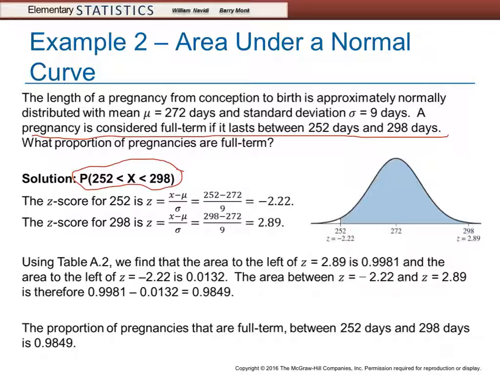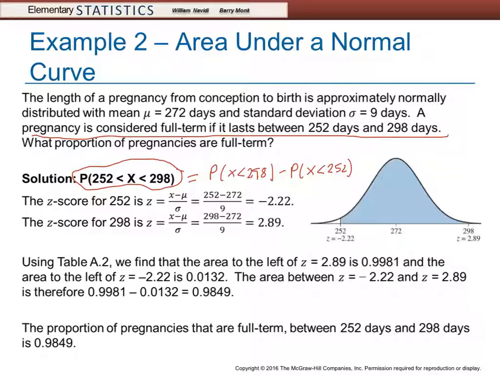And so we're going to rewrite it this way: the probability that x is less than 298 minus the probability that x is less than 252. These are equal statements because we're going to be subtracting areas again.